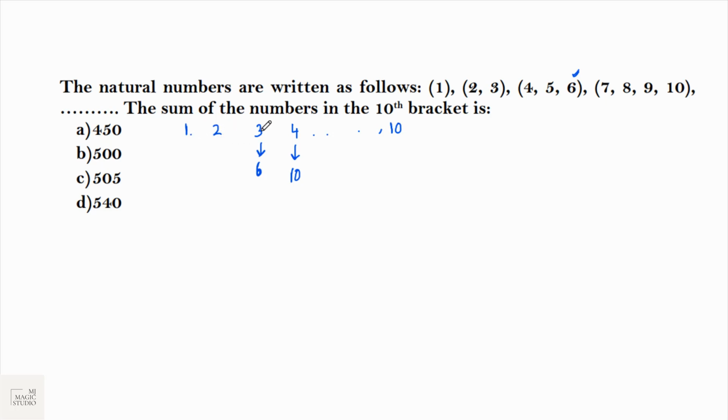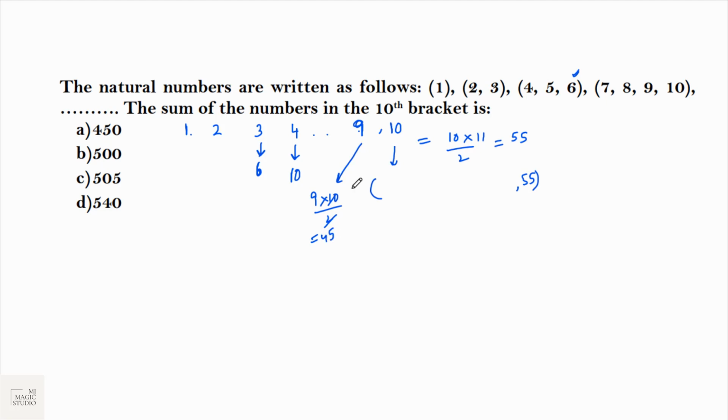Now what is the sum of 1 plus 2 plus 3 plus 4 till 10? That is given by n into n plus 1 by 2, 10 into 11 by 2. That is 55. That means the last member of the 10th bracket is 55. Now, if we need to find the last member of the 9th bracket, that would be 9 into 10 by 2.